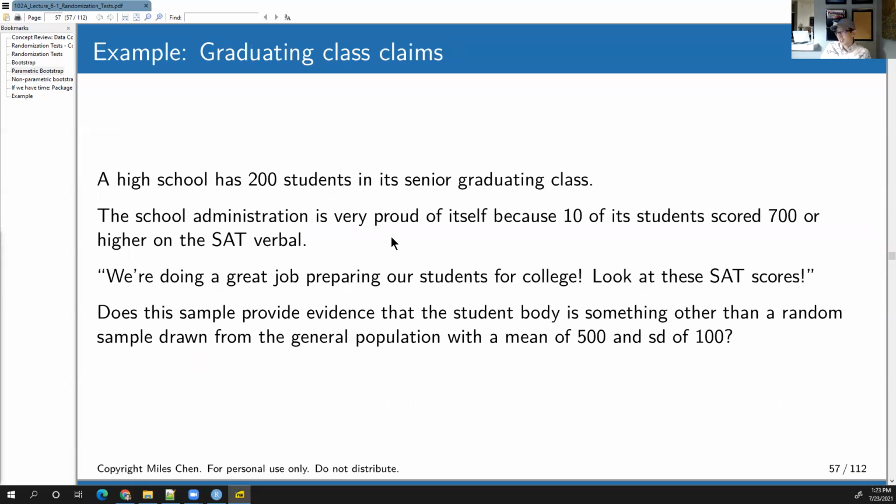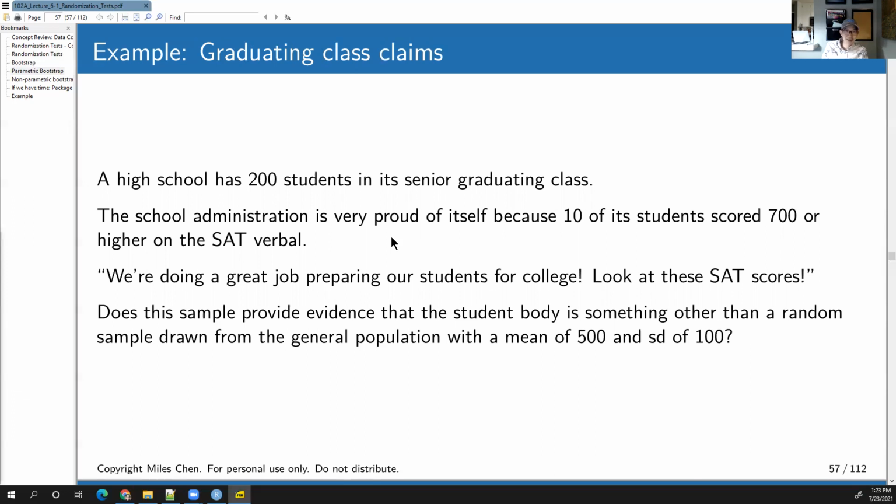So, here's a silly example. A high school has 200 students in its senior graduating class. And then the school administration is patting themselves on the back. They're saying, hey, look at this.